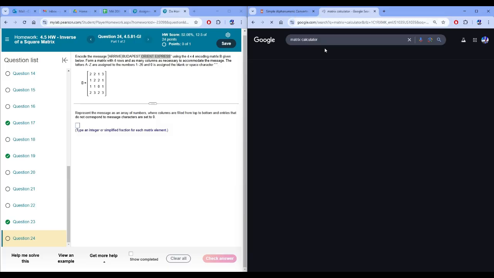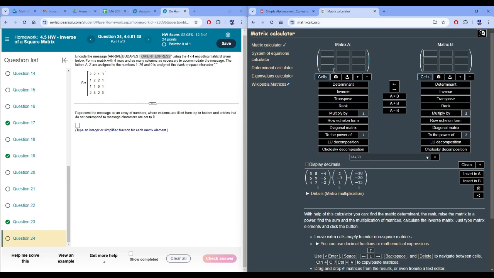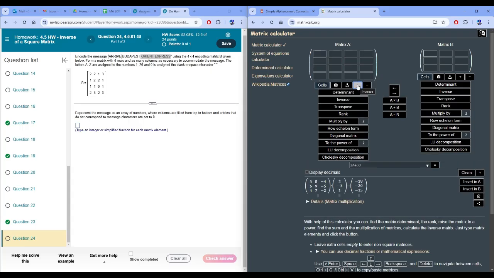Matrix calculator. Matrix A. What do I need? I need a 4 by 4, and then I'm gonna be multiplying.